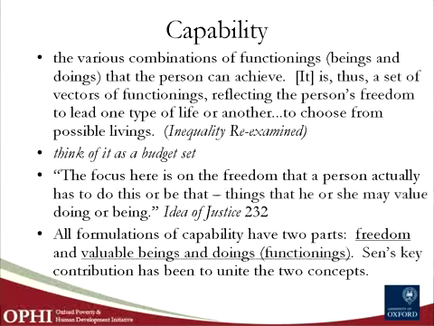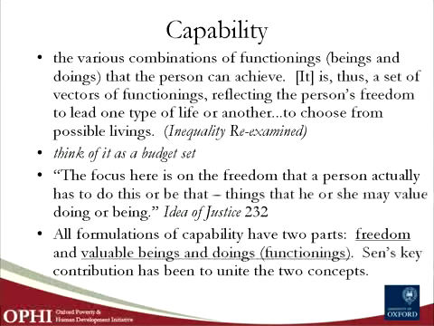In The Idea of Justice, describing the capability approach, Sen wrote, "The focus here is on the freedom that a person actually has to do this or be that, things that he or she may value doing or being." So this contrasts it, and the contrast is stressed again and again by Sen, with concepts of opportunity or freedom, which are notional. On paper, I might have the freedom from hunger.